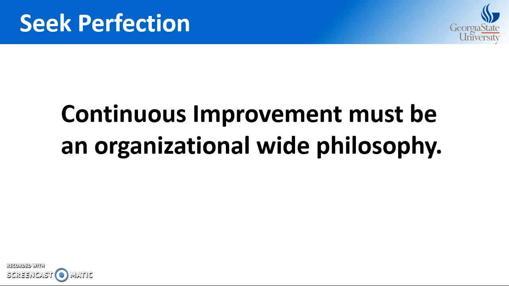So this continuous improvement, the seeking perfection, has to be cultural, has to be organization-wide, and it's important that the incentives of the organization incentivize people to constantly search for and improve the way they do things.